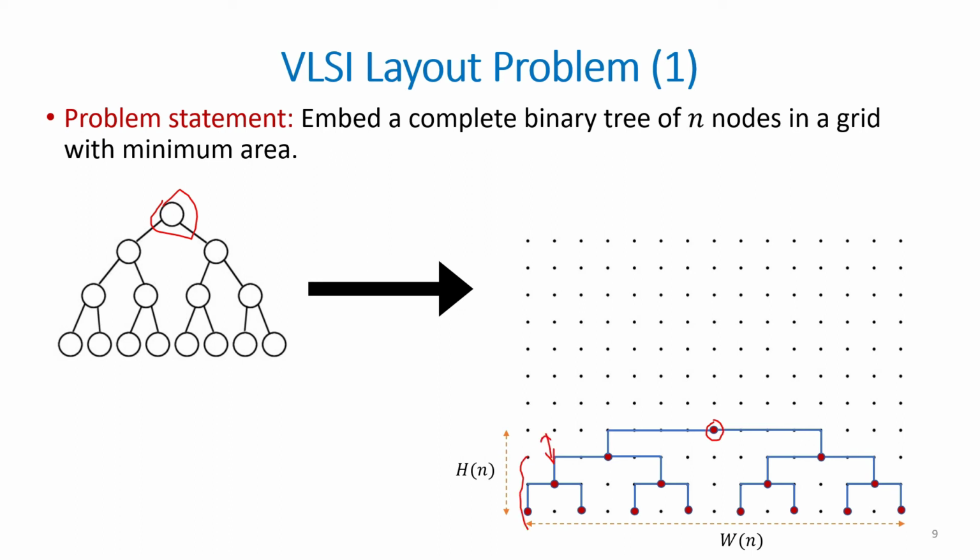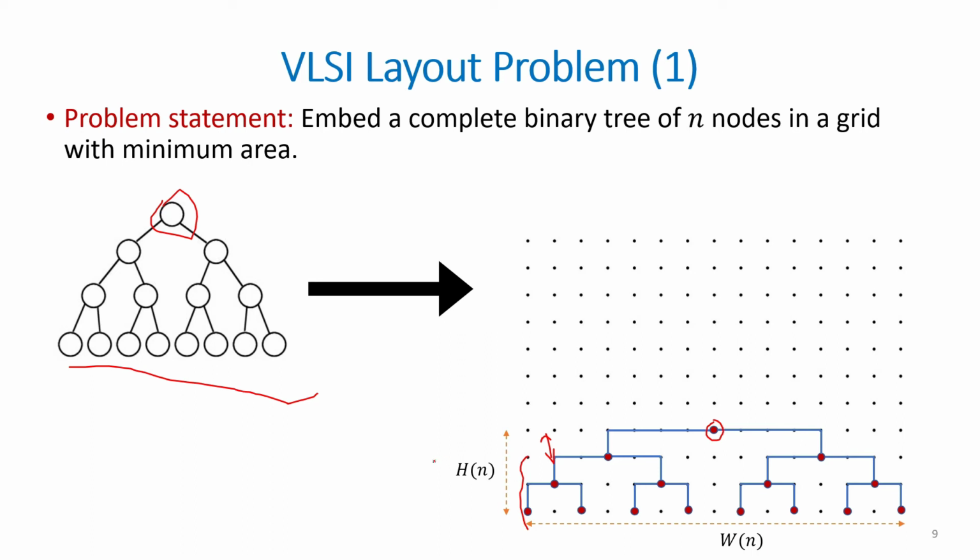Pay attention that since the tree is a complete tree where the last level is filled with all leaves, the subtrees will have the same number of nodes. So if you look at the left subtree and the right subtree, they both have the same number of nodes, which is equal to n over 2 of the total tree.